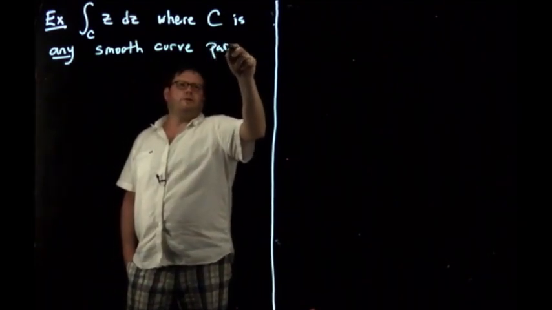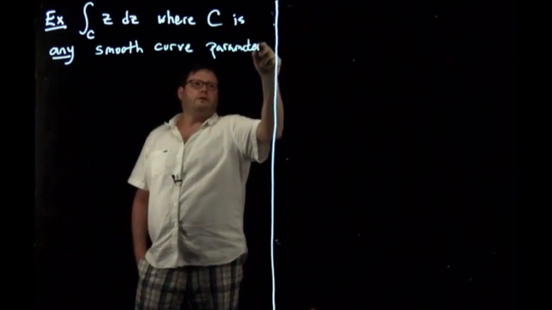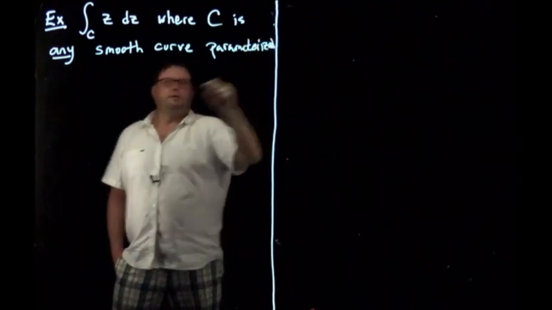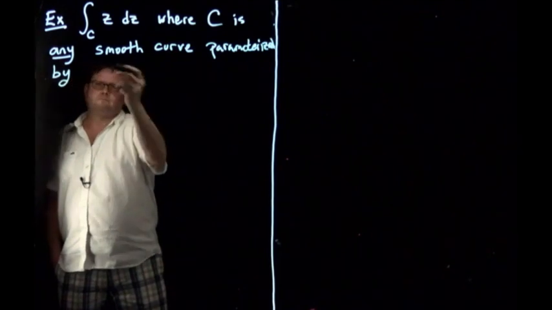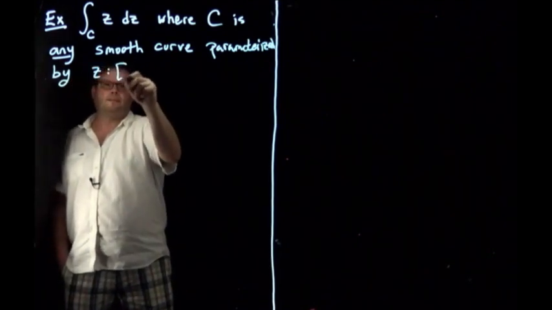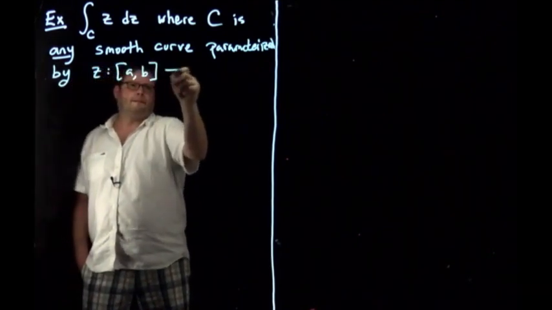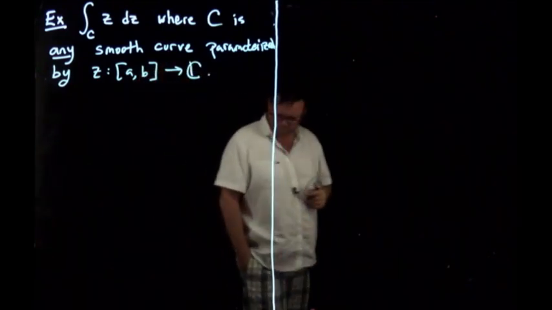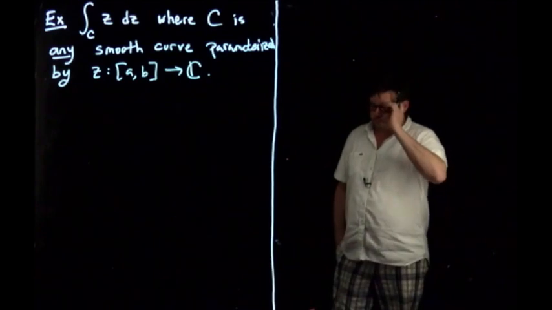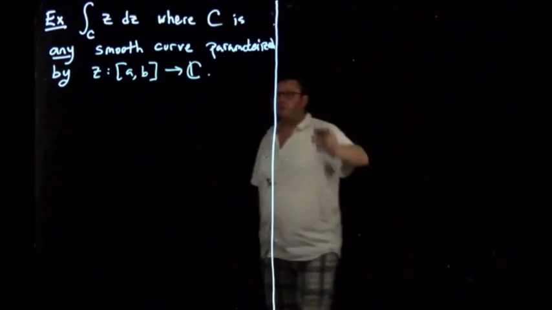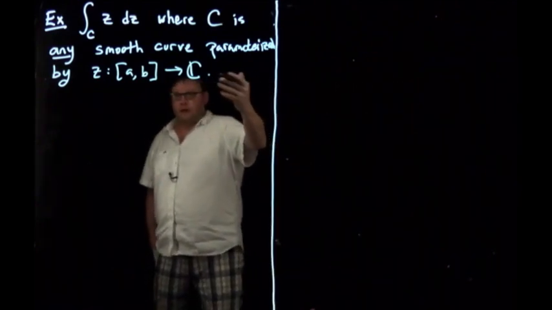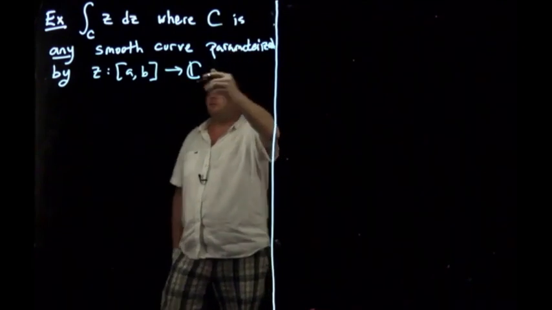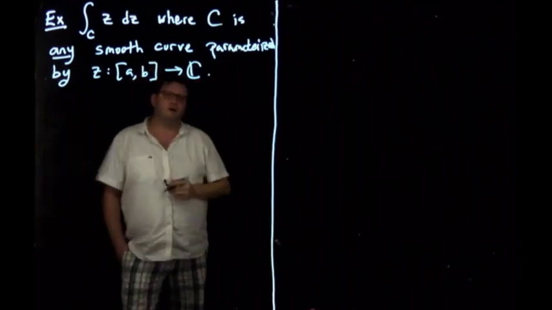Parameterized by our standard curve parameterization. Now, our last example should make you ask, well, why would we do this when we know that the integral can depend on the curve?